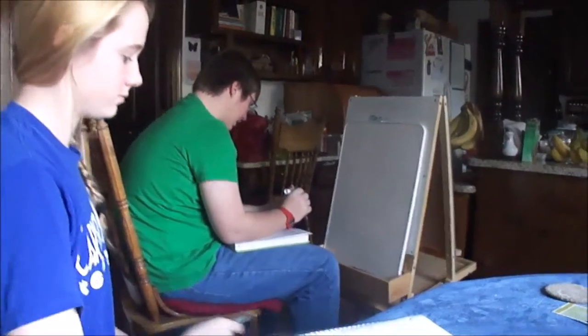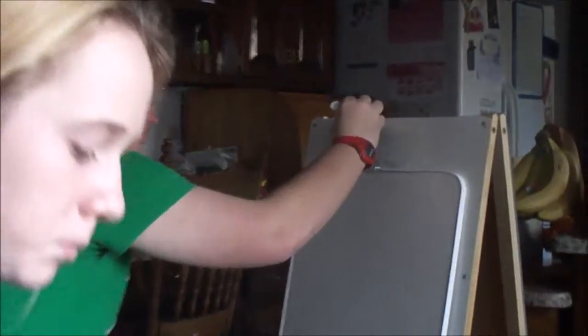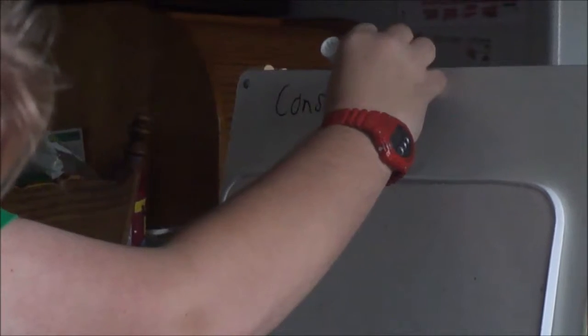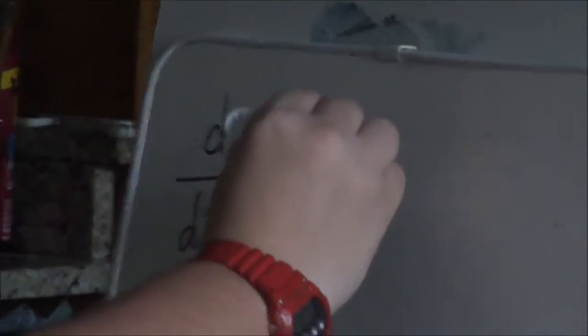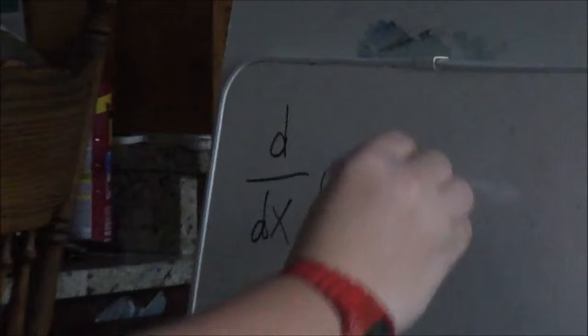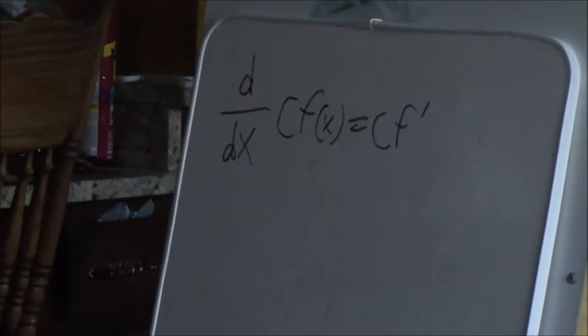So next we'll be learning the constant multiple rule. And this states that the derivative of a constant times a function of x equals the constant times the derivative of that function.